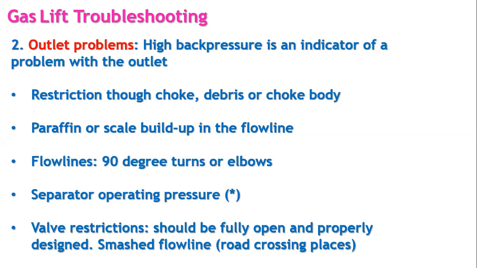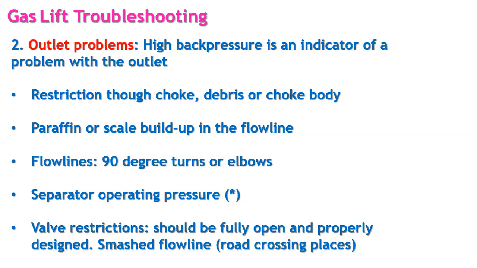The outlet problems, high back pressure is one of the main indicators of a problem with the outlet. Remember, the outlet is from the wellhead down to the separator. Restriction through the choke, debris, or damage in the choke body.